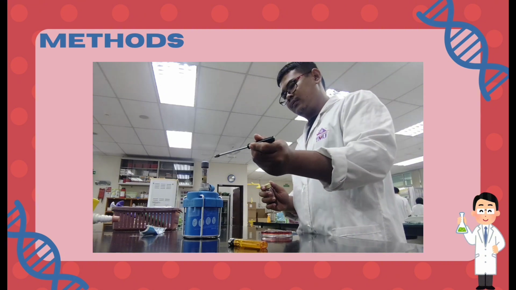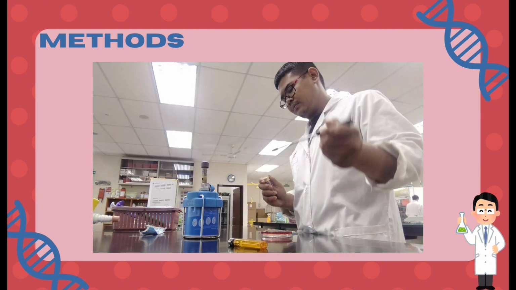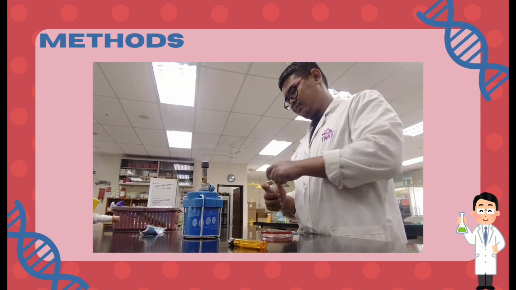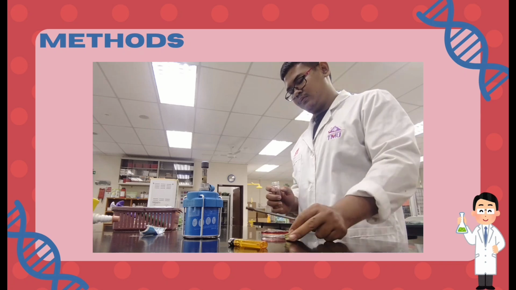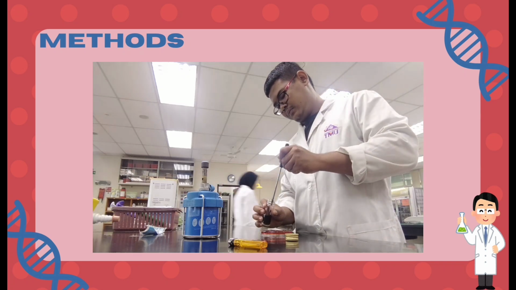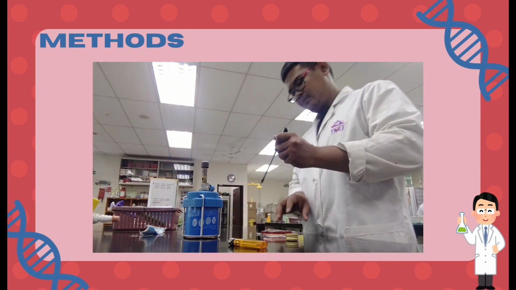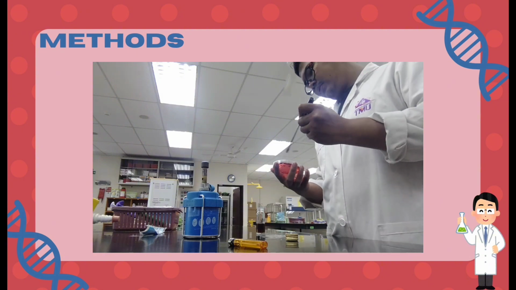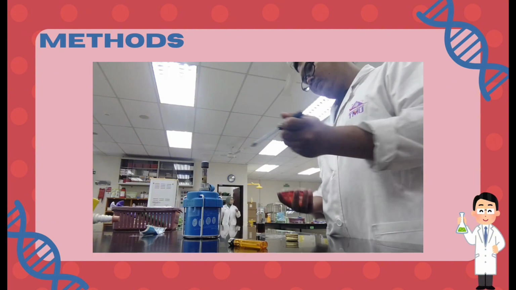Moving to period 3, we performed streak isolation from our enriched Fraser broth onto 2 types of selective agar, modified Oxford or MOX agar and PALCAM agar, alongside positive and negative control strains.